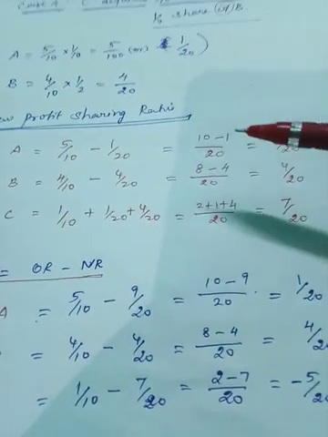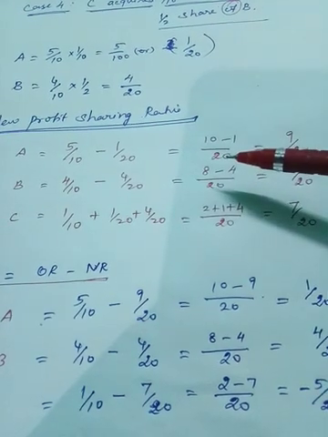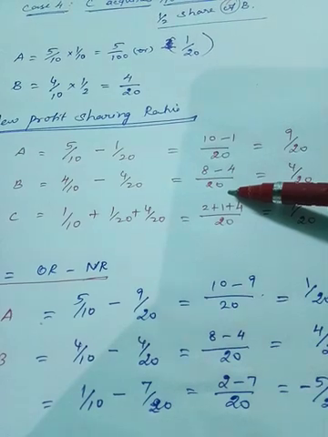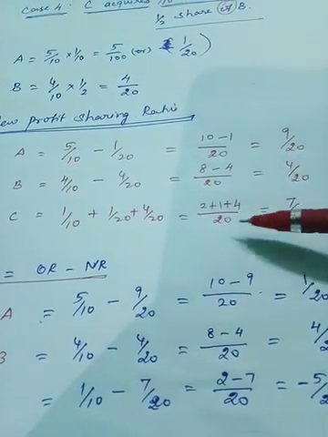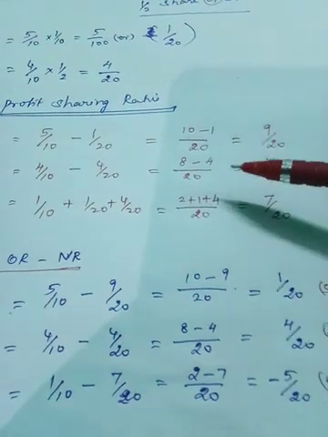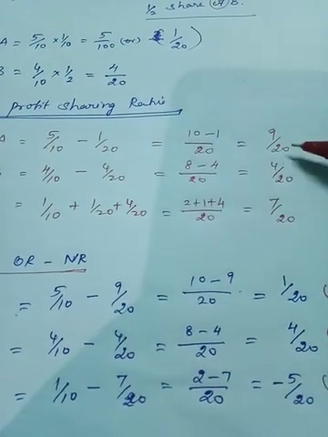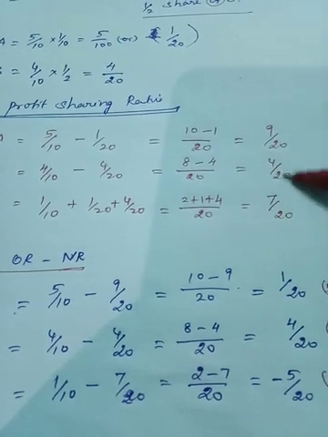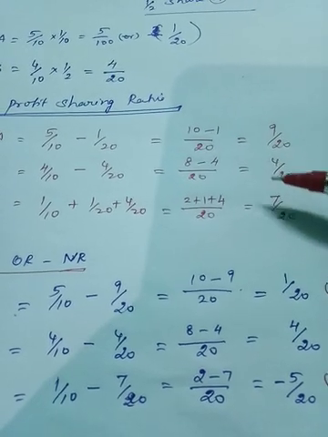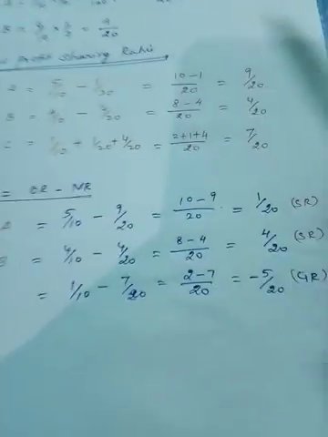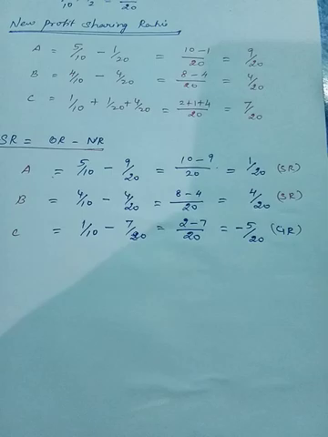So now you find out, with denominator 20, 10 minus 1, 8 minus 4, 2 plus 1 plus 4, so 9 by 20, 4 by 20, then 7 by 20. This is called the new profit sharing ratio, 9:4:7.